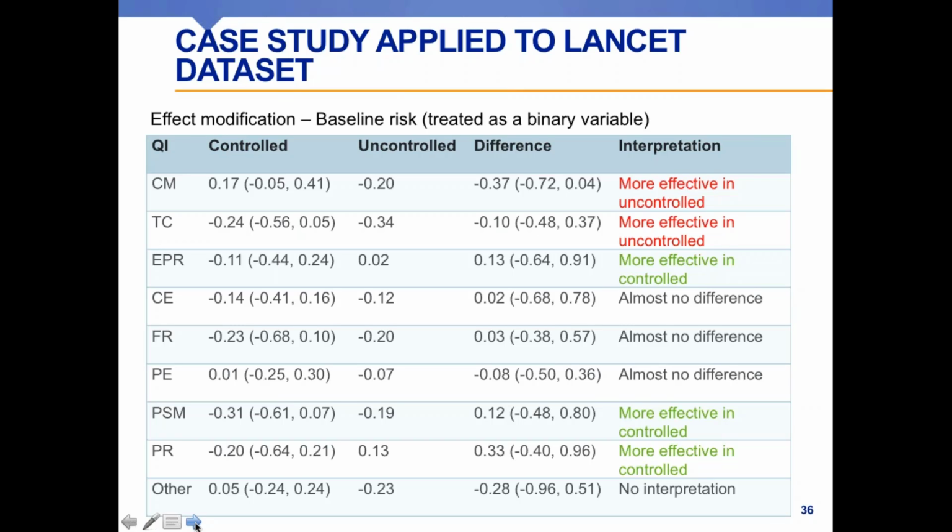Right now we're still exploring this, but similarly to the Lancet, it shows that there may be more or less effect depending on baseline control, but these effects are smaller than those that were estimated in the Lancet and not quite significant.